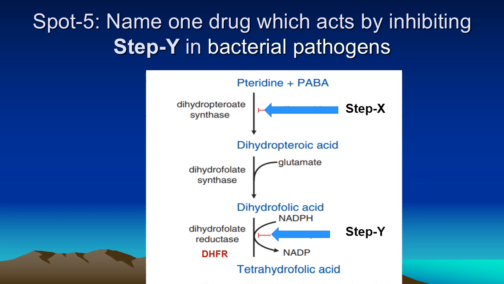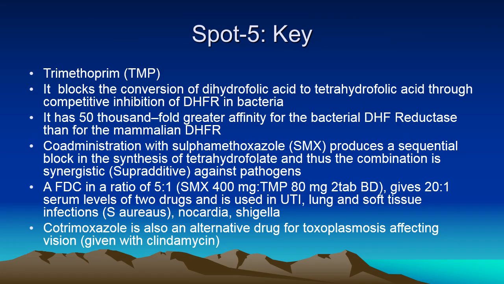Spot 5 is to identify a drug that acts by inhibiting step Y in bacterial pathogens. The steps are the same. However, there is a drug that has more affinity towards bacterial dihydrofolate reductase. The drug is trimethoprim, and it blocks the conversion of dihydrofolic acid to tetrahydrofolate through competitive inhibition of dihydrofolate reductase in bacteria.